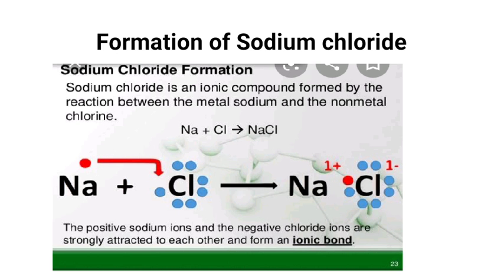That is why it forms a cation in the form of Na positive. Chlorine has 7 electrons. It gains 1 electron that is lost by sodium. As a result, it acquires negative charge and forms chlorine negative ion. So when sodium and chlorine are held together by force of attraction, that is ionic bond. Ionic bond is formed between the two and the compound NaCl is formed.